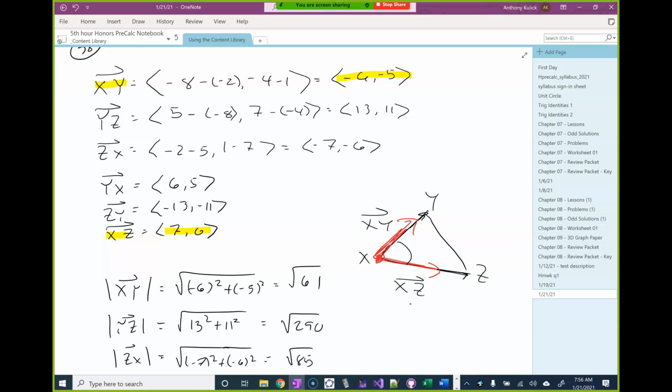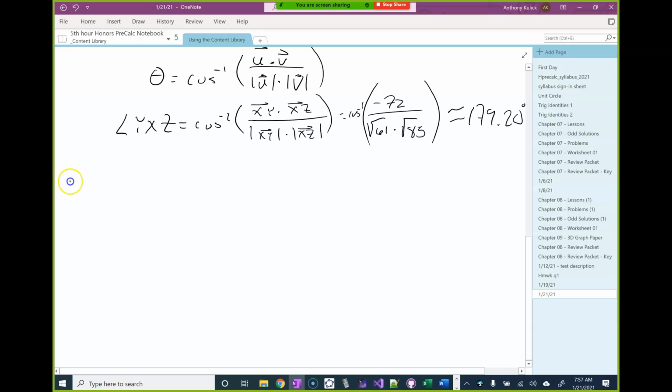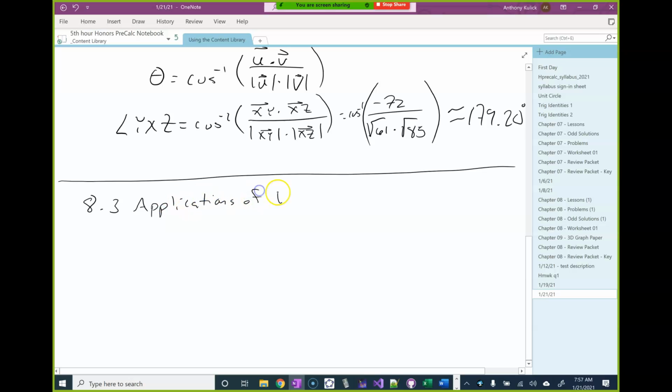Okay. So that being said, let's move on and start talking here about the next section, 8.3. When we talk about applications of vectors, we're going to be looking at basically two different kinds of applications.